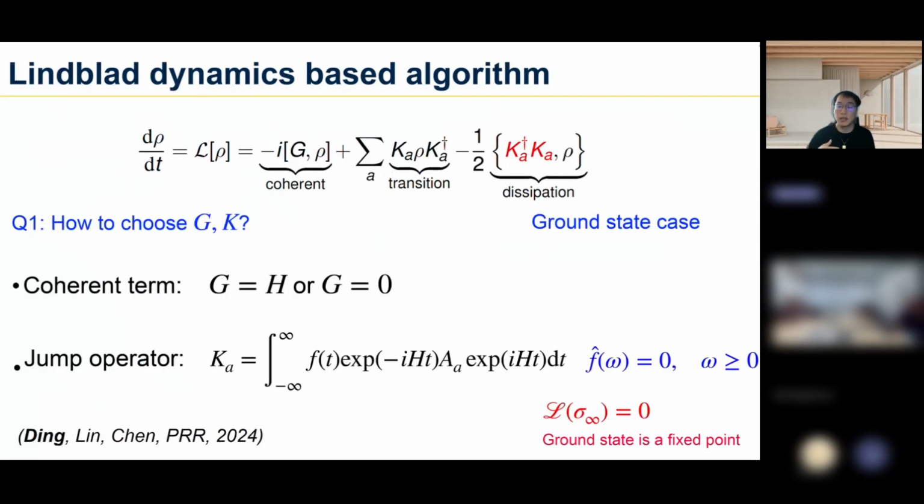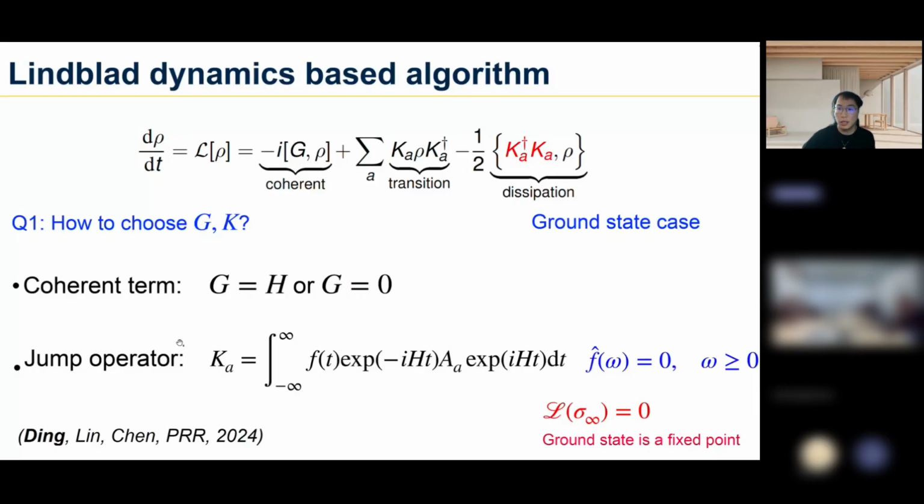Okay, so here, to save some time, I will only talk about the ground state preparation case. If you are interested in the thermal state preparation case, you can check our other paper. So in the ground state preparation case, the coherent term is very easy to choose. I can just choose G equal to the Hamiltonian, or just G equal to 0, which is very simple.